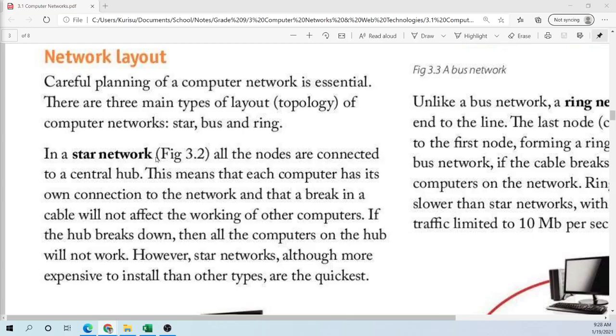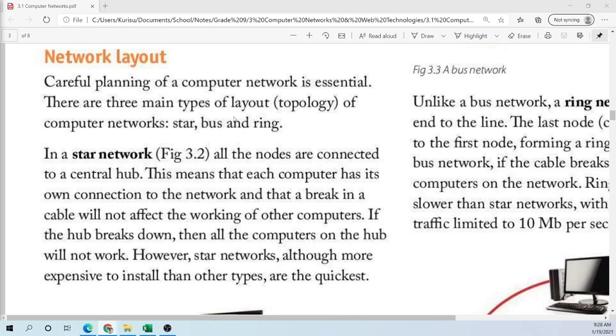Good. So, when it comes to computer networks, there are three main layouts that you will have, or three network topologies, you can say also. There is the star, there is the bus, and there is the ring. Now, those words, star, bus, and ring, you can imagine the network exactly as the word indicates, by the shape.